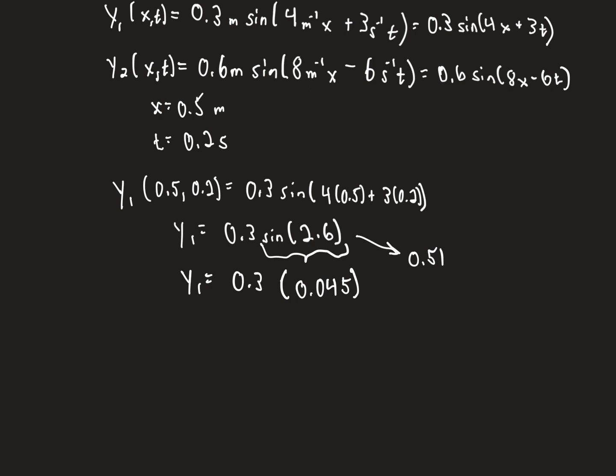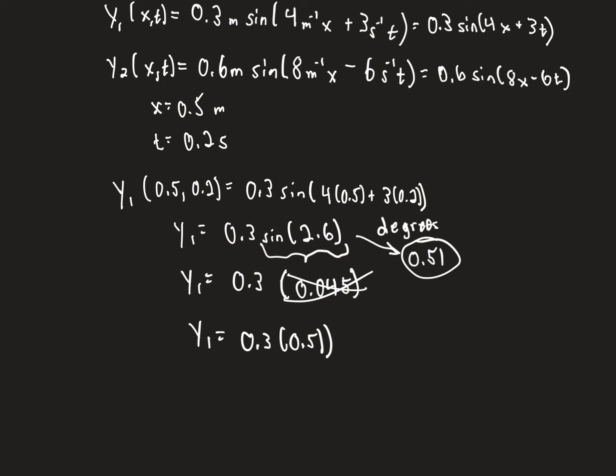Degrees. Convert your calculator into radians. So typically you hit the little button that says mode. I would do radians, and then I go back and I do sine of 2.6, and I got 0.51. If you're getting 0.045, then you are in degrees.